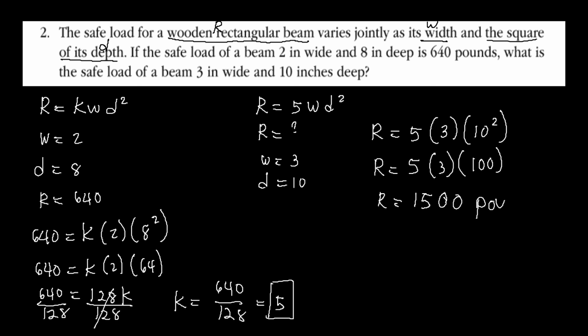Okay? This is in pounds. Okay, so the safe load of a beam is 1,500 pounds with 3 inches wide and 10 inches deep. Okay? So, ganun lang po. Kasimple paano mag-solve ng joint variation.